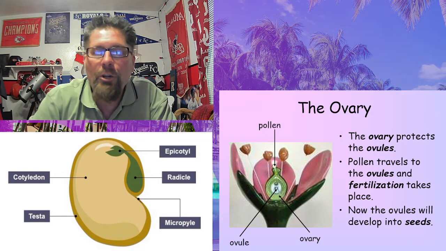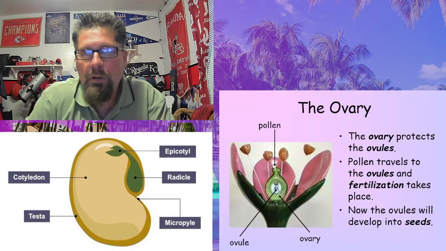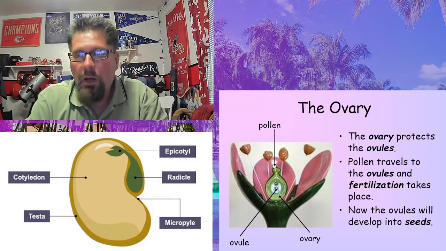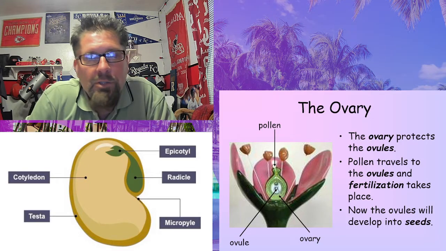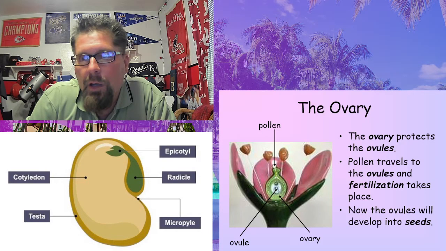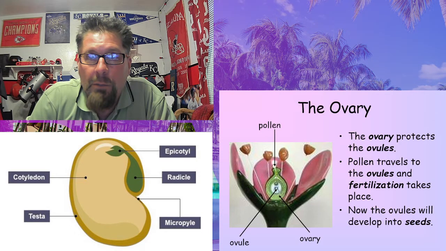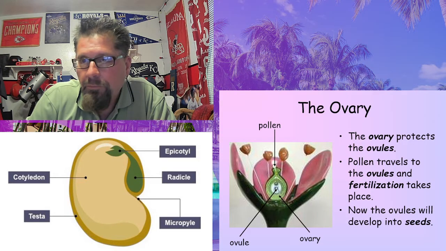All right, continue to look at the female portion of the reproductive parts. You've got your ovary. Okay, just like with a female, this is where the new offspring is going to develop. In this case, it'll be a seed, as in a plant. But you got your ovaries around.